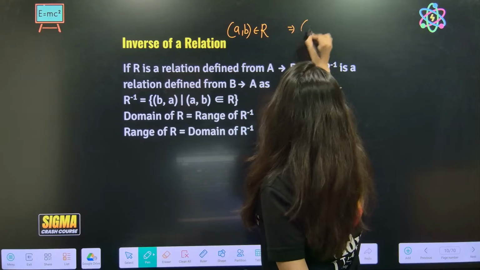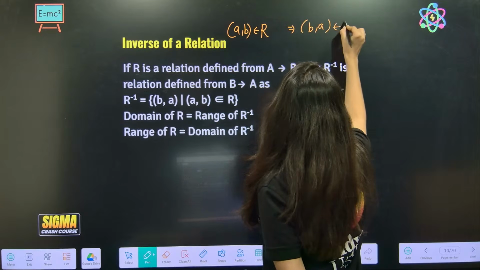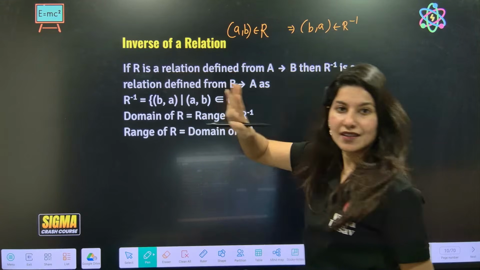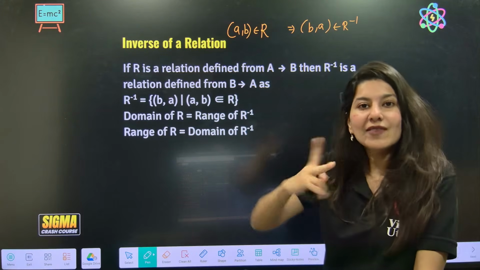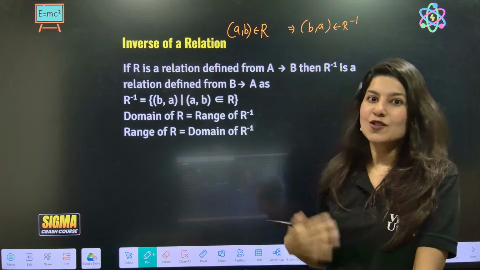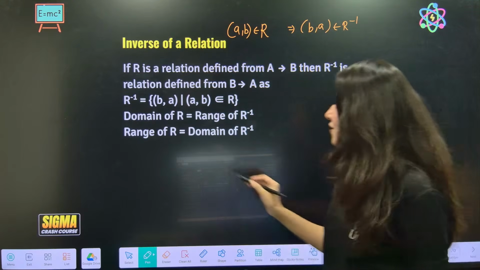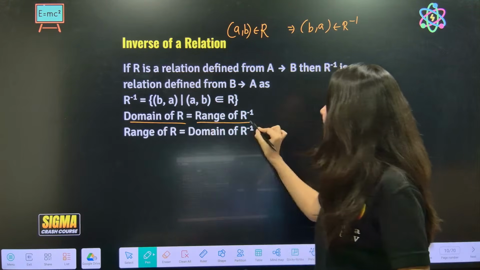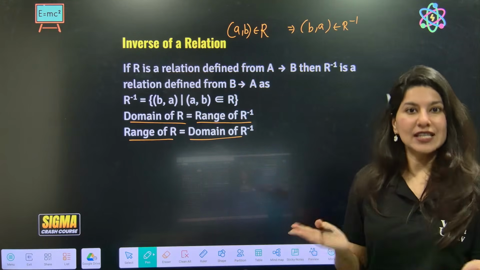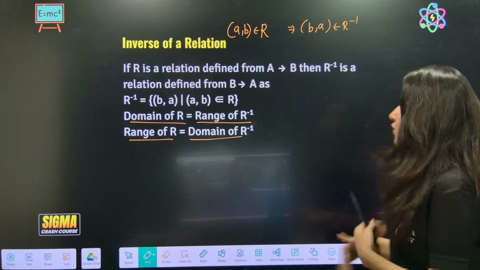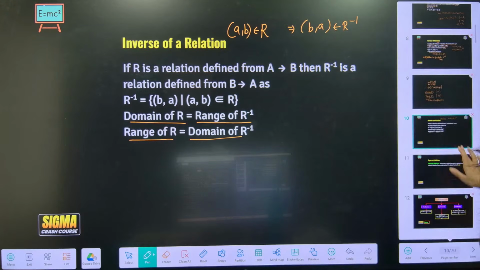That means (B, A) will sit inside R inverse. The elements of the ordered pair will interchange, so the domain and range will get interchanged. Domain of R is the range of R inverse, and range of R is the domain of R inverse.